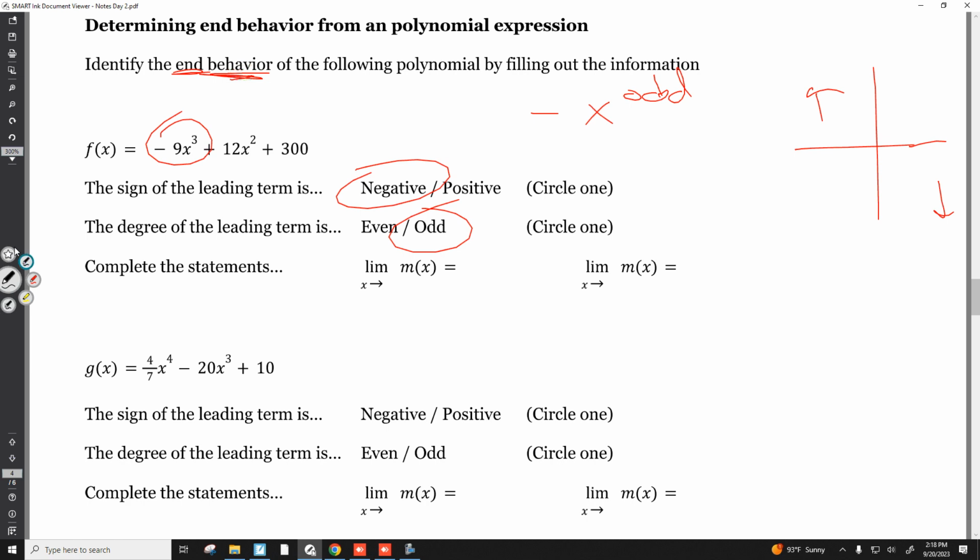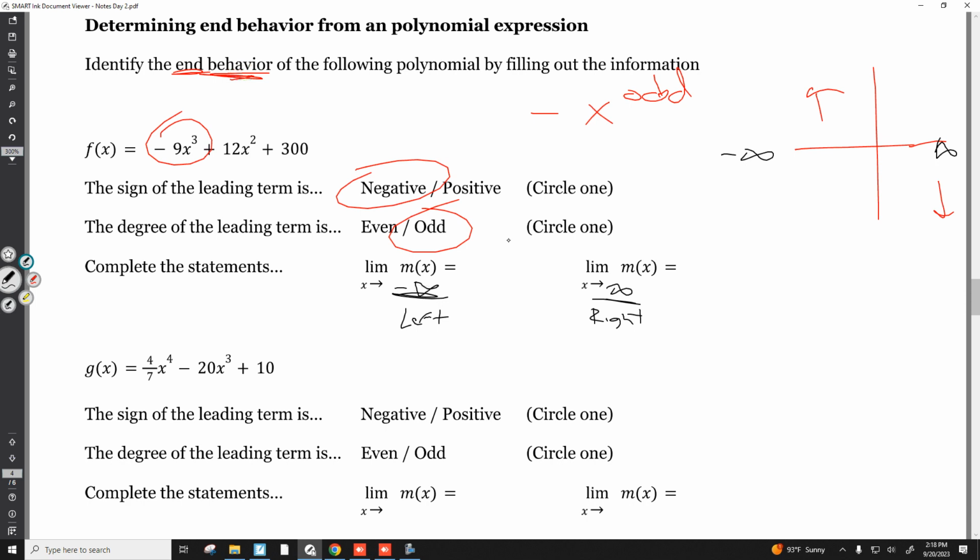I like to put negative infinity first, when you're going to the left, versus when you're going to the right. These infinities in black, that's the left. This is the right. These infinities are ups and downs.